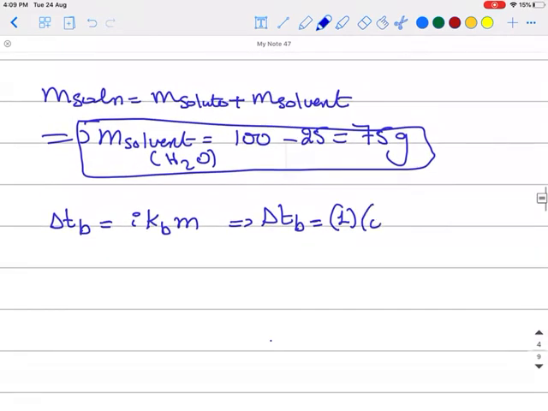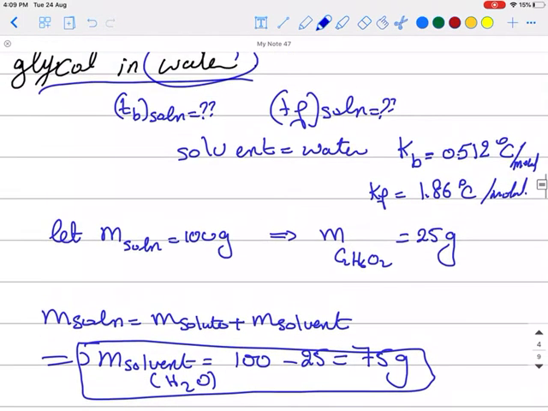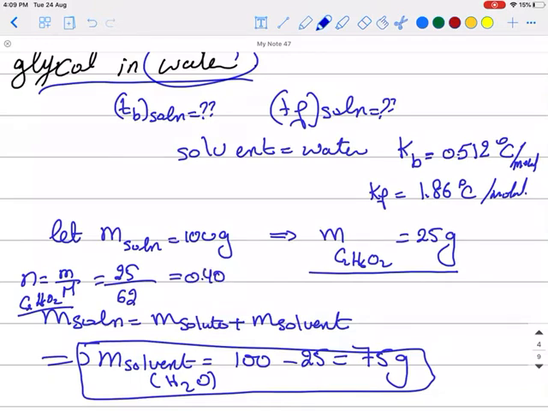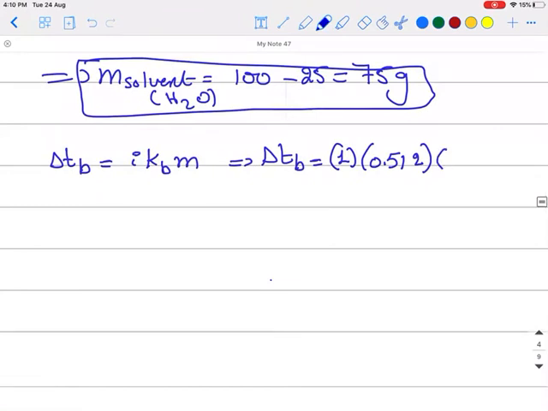K_b is 0.512, and molality equals the number of moles of solute, the glycol, over the mass of water in kilograms. We have the mass given for glycol, so I can find its number of moles. Number of moles is the mass over molar mass. Mass is 25, and the molar mass is 62, which gives 0.4 moles.